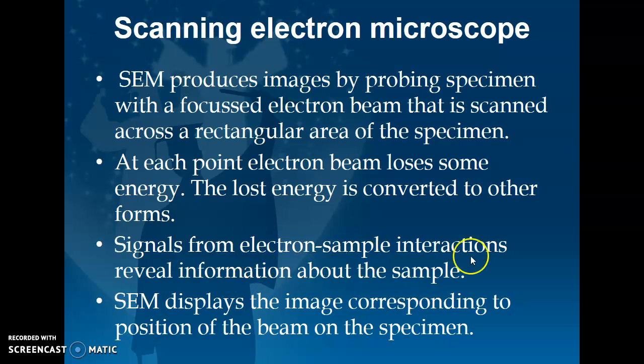It displays the image corresponding to the position of the beam on the specimen where the signal was generated. These are some of the properties of the scanning electron microscope.